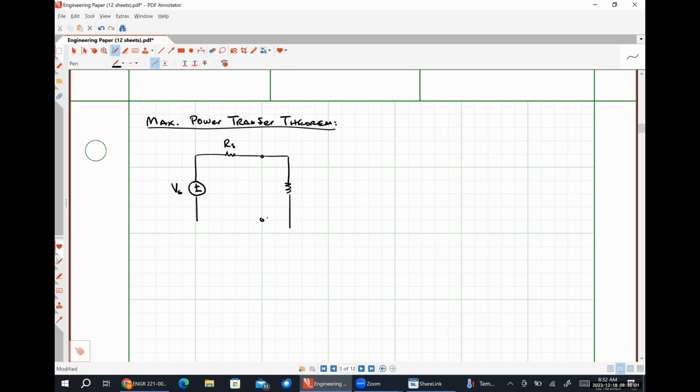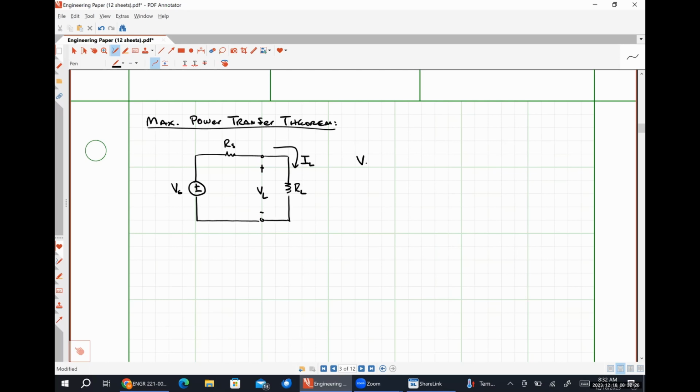And my practical voltage source is connected to some load resistance RL. Once again, we're going to define the voltage drop across our load resistance as VL, and the current flowing through our load resistance as IL.